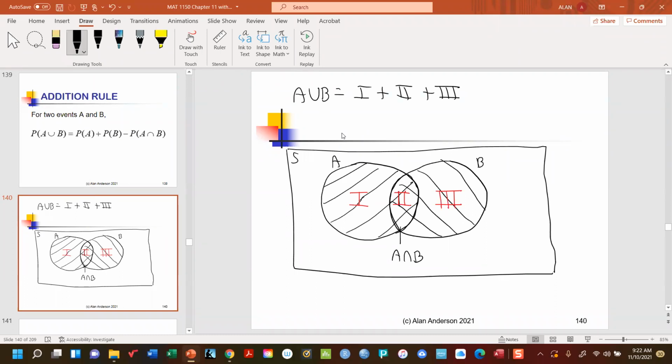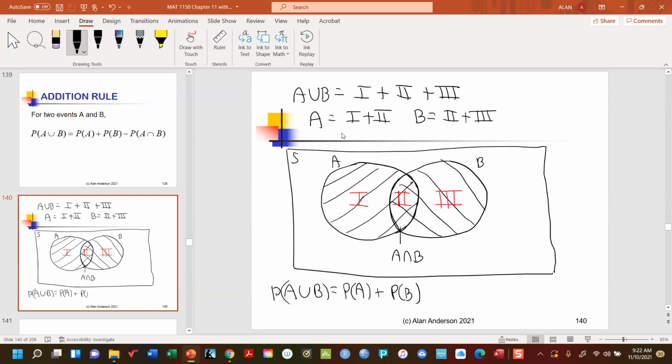Now, A by itself equals 1 plus 2, and B by itself equals 2 plus 3. Now, what if I tried to calculate the union of A and B as the probability of A plus the probability of B, and I did not subtract the overlapping part?